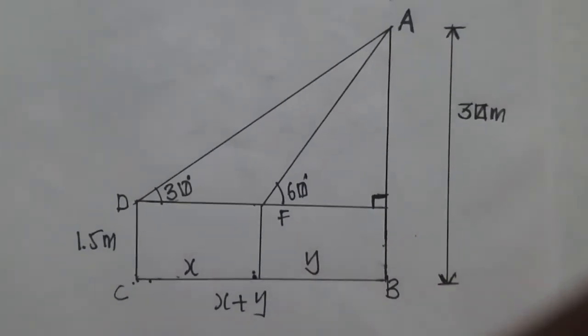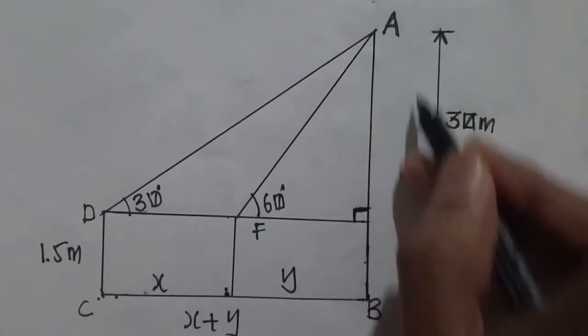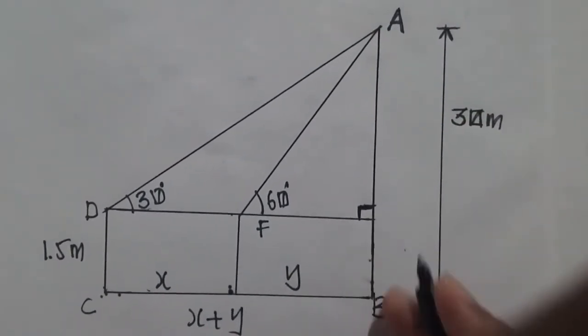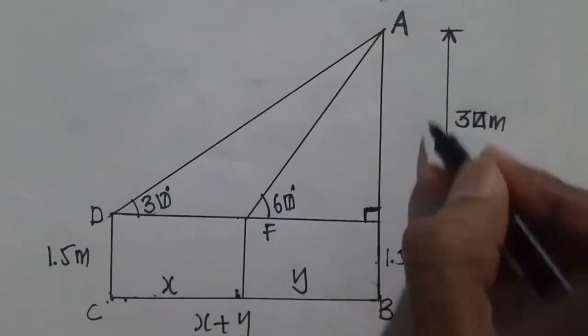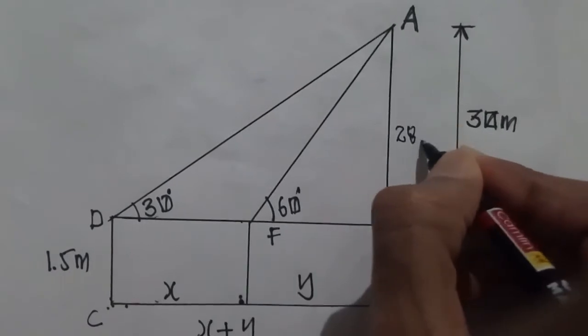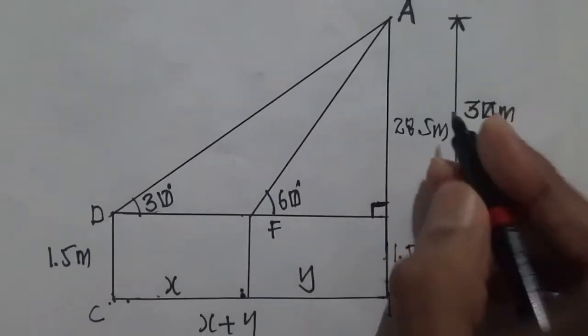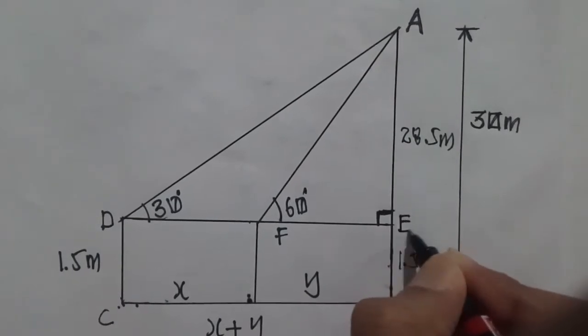Remember, here the total height of the building is 30, but the boy's height is 1.5 meters. Therefore 30 minus 1.5 gives 28.5 meters. From here to here we get AE, right?